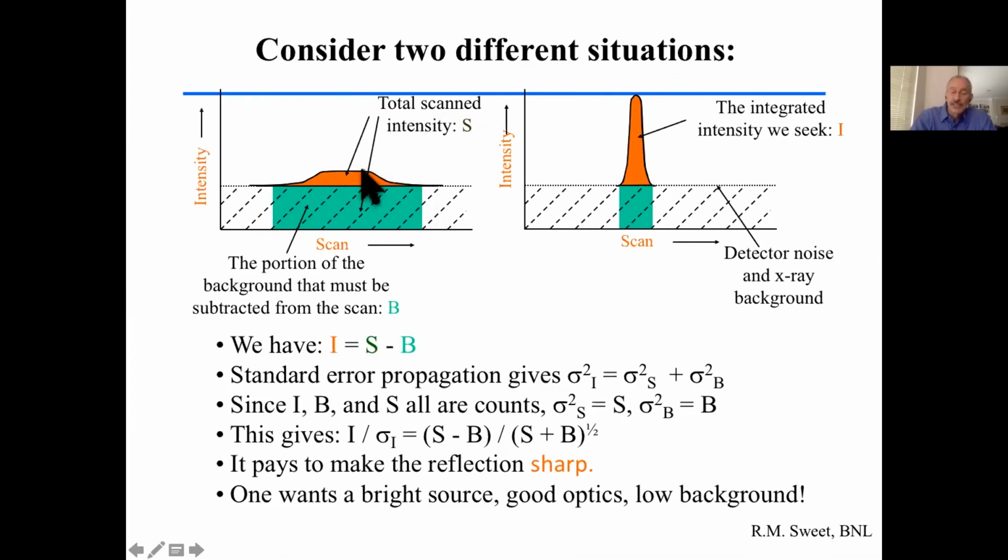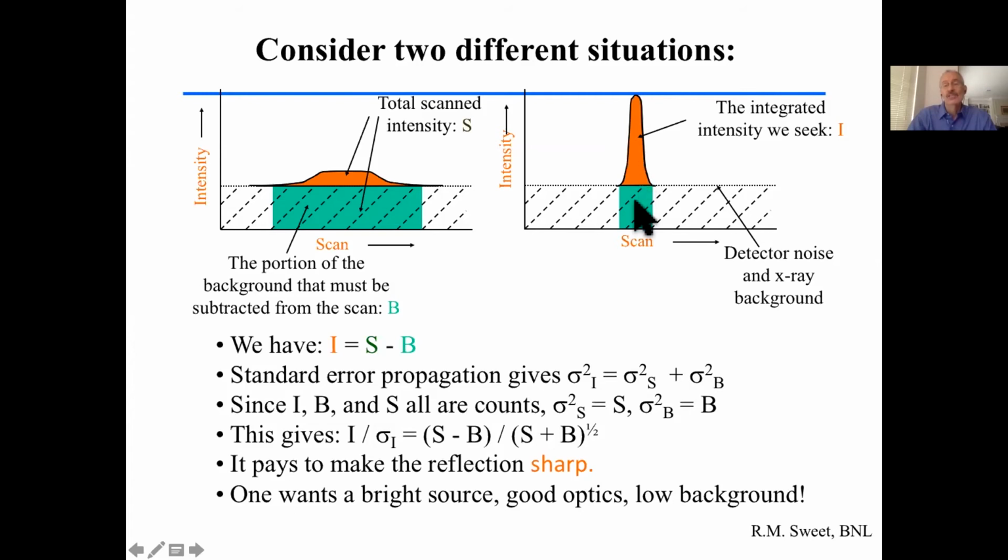I mentioned this already, but this is a slide with color from Bob Sweet, is that if you scan the whole thing and estimate the background on either side, if you have high mosaicity and a large rocking curve, you'll get high background. But here the intensity is concentrated.